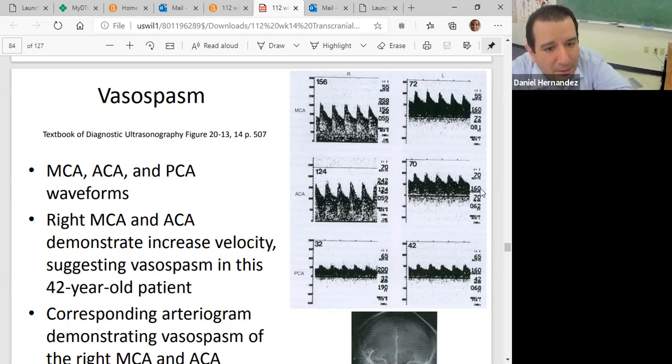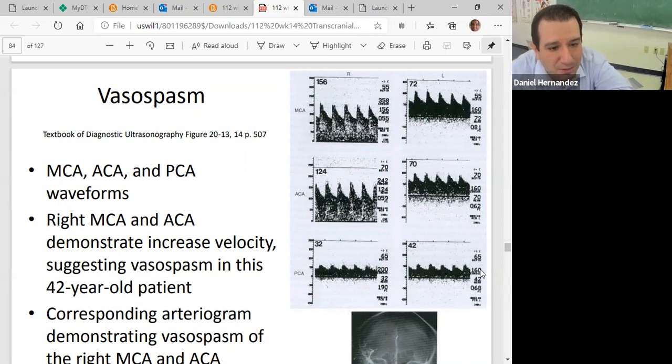If we compare that to the left side, I apologize, the velocities are 156 and 124. The velocity on this side is 72, 70, and 42.